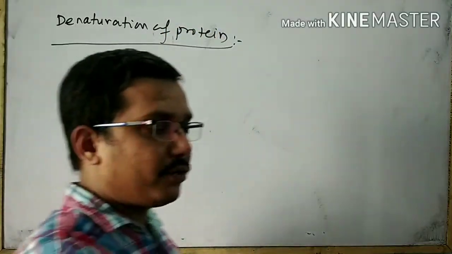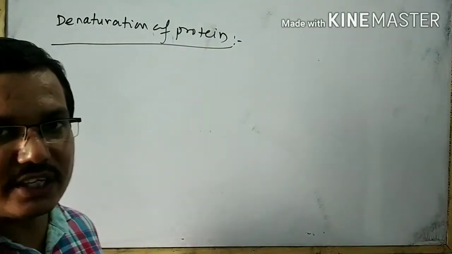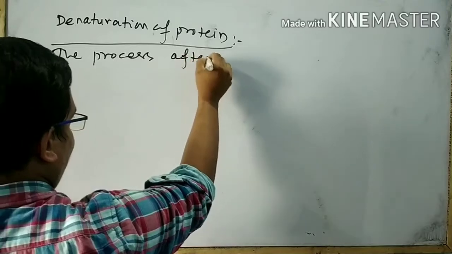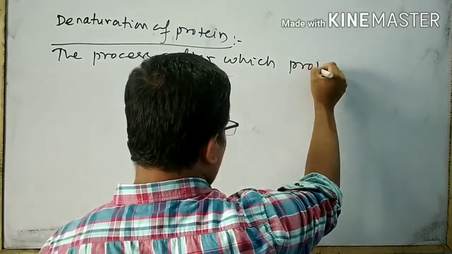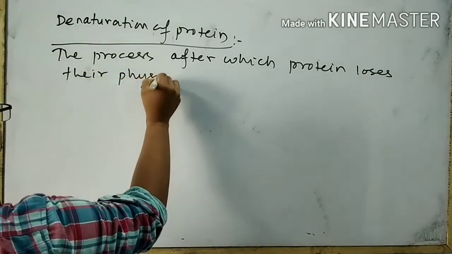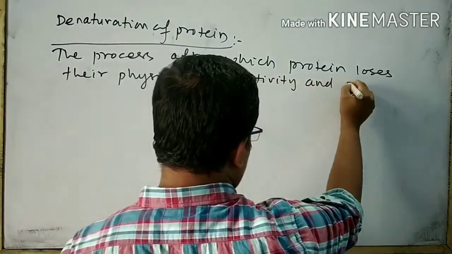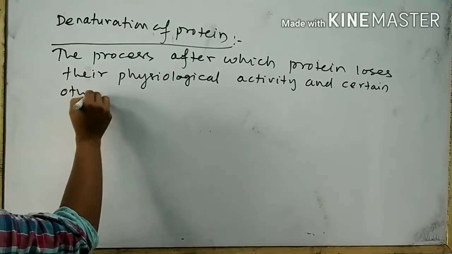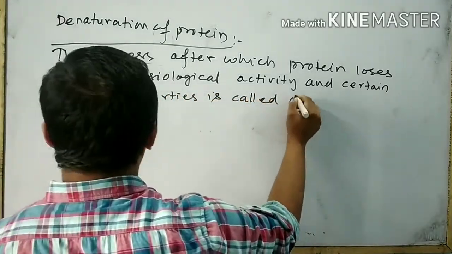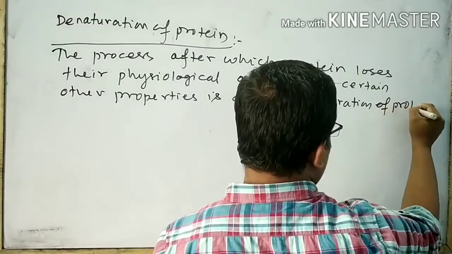The process after which the protein loses its physiological activity and certain other properties is called denaturation of protein.